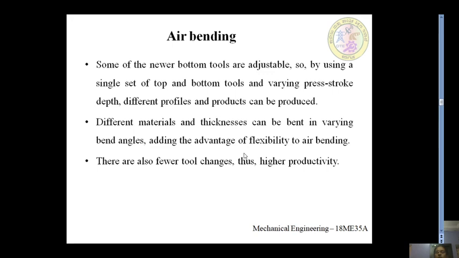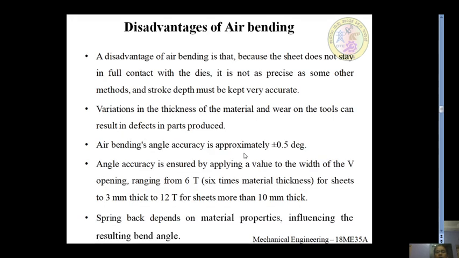Some of the newer bottom tools are adjustable, so by using a single set of top and bottom tools and varying press stroke depth, different profiles and products can be produced with the same setup. Different materials and thickness can be bent in varying bend angles, adding the advantage of flexibility to air bending. There are also fewer tool changes, which increases productivity.